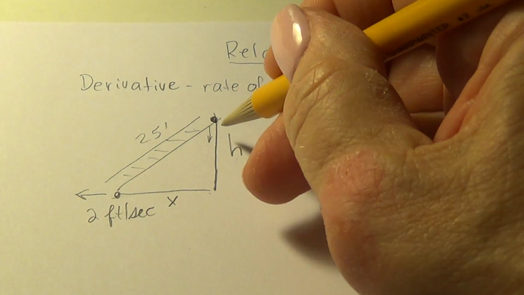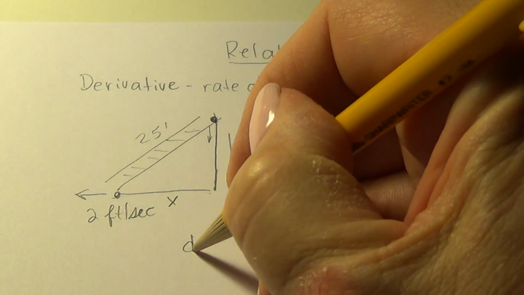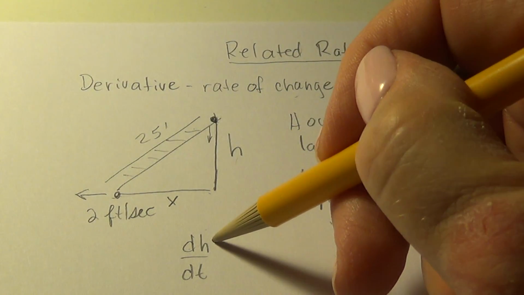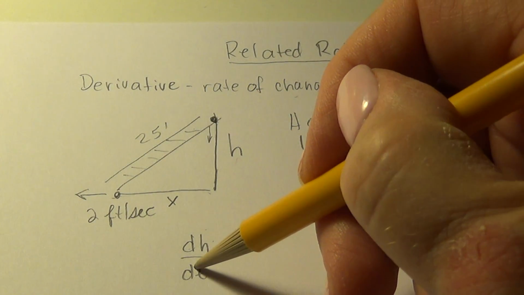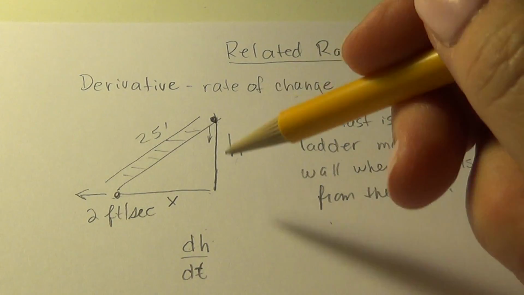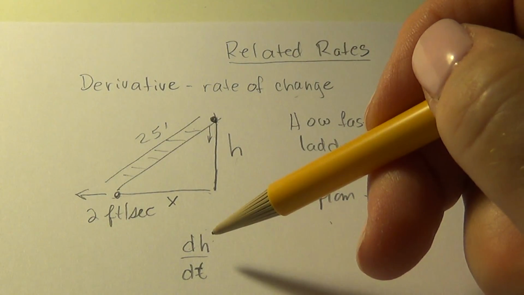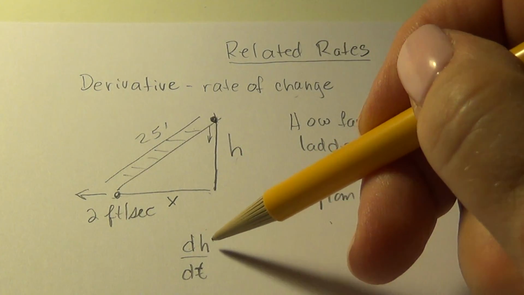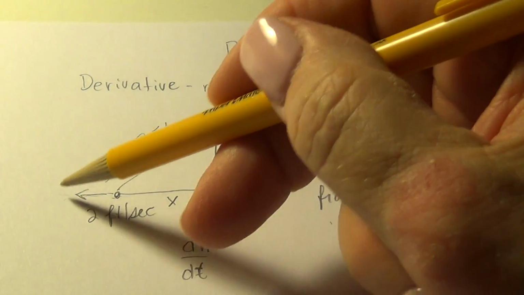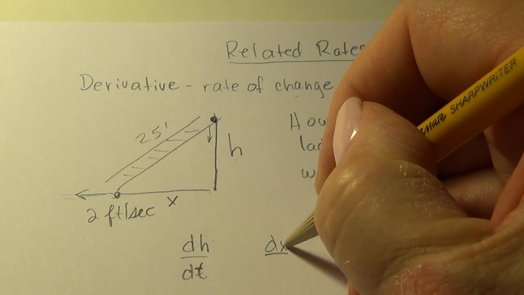So if we want to know how fast this is changing, we look at dh dt, which is read the change in height with respect to time. You're used to doing something dx, but our variable is going to be time that we are differentiating with respect to. So dh dt, then this spot is moving, and that would be dx dt, the change in x with respect to time.